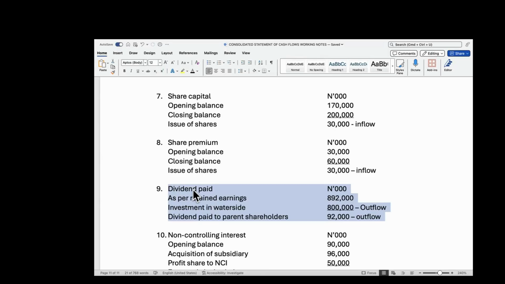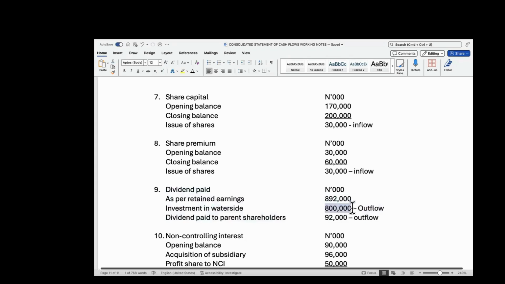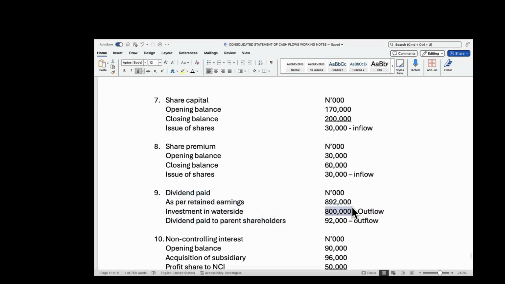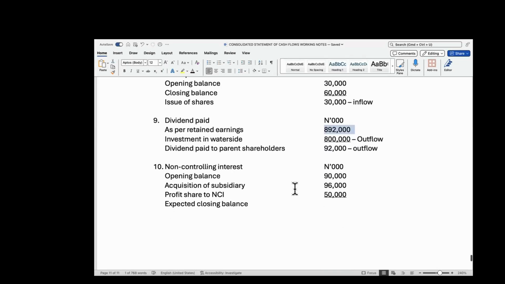Yes, the movement in retained earnings is the dividend paid. So what I did was just remove that investment they said they made to Waterside. Then the only dividend paid I will recognize is 92, because they told me that this 800 is investment.